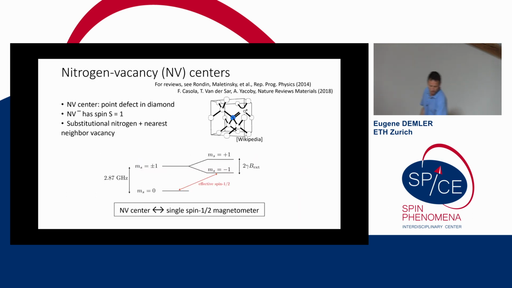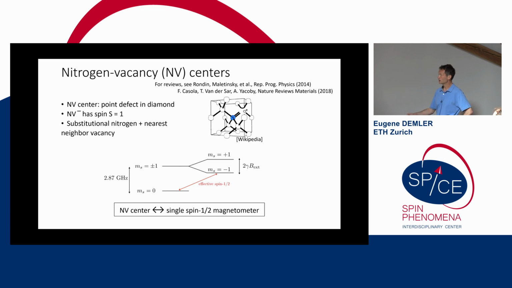Okay, so for people who have not seen NV centers before, this is a brief introduction. We think about local defects in diamond, and they are naturally spin one objects. In a small magnetic field there is a crystal field splitting between the manifold with 0 projection of the spin and ±1 projection, and then with a small magnetic field, one can split the -1 and +1 states.